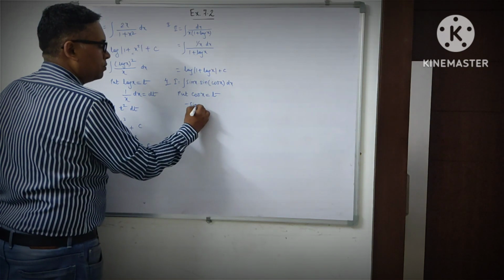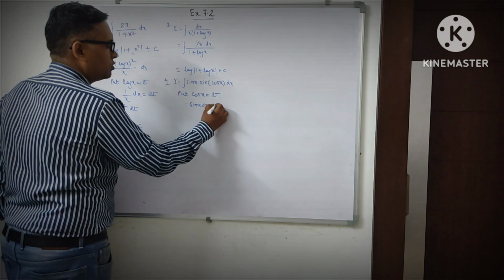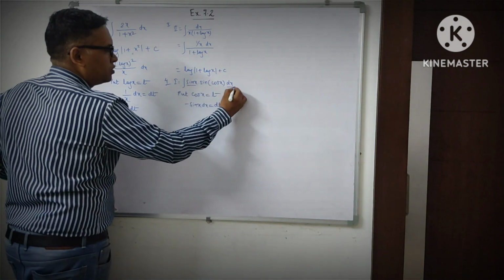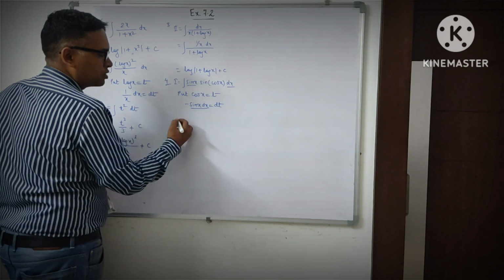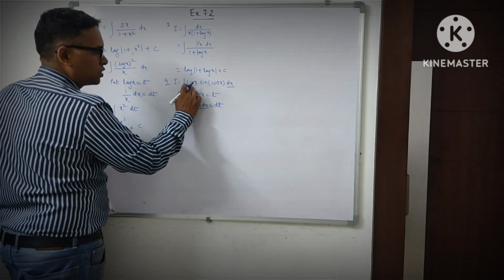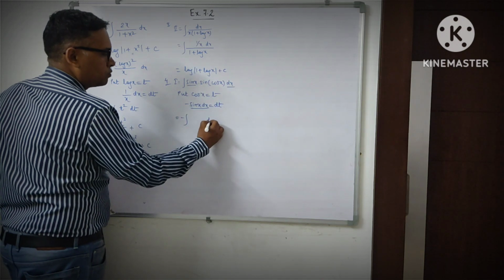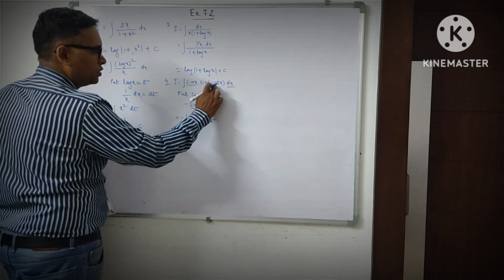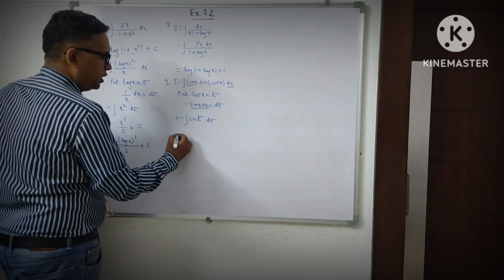differentiation would be minus sin x dx is equal to dt. Now this sin x dx can be replaced by dt with minus sign outside the bracket. This is sine of, this is cos x, which is t.